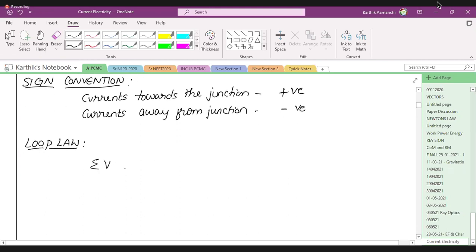That is sigma delta V is 0, or sigma epsilon minus I into R is 0, where R includes your internal resistance of the battery. Clear?